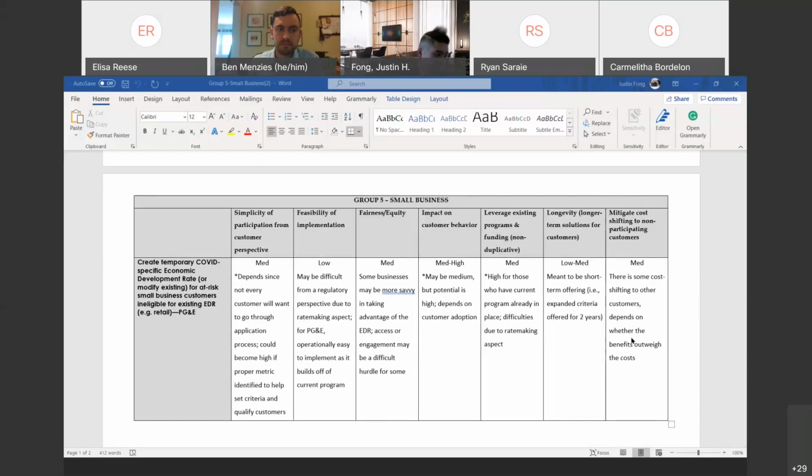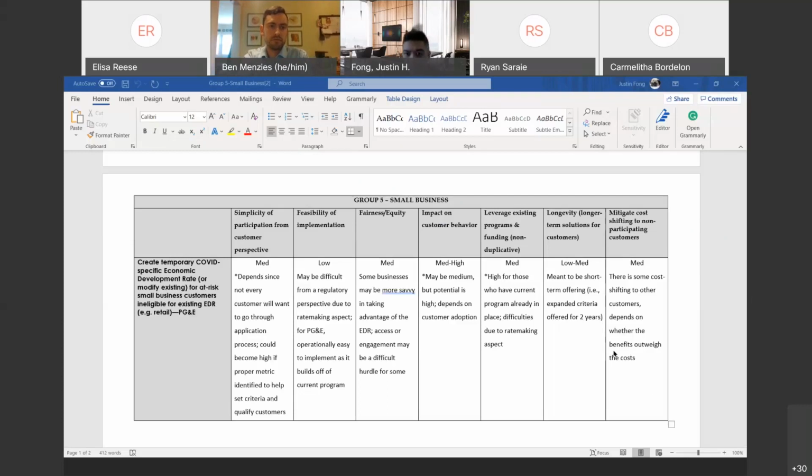The simplicity is medium because this rate already exists for the large customers. We'll just have to change it to fit small businesses. Implementation is low because it could be difficult. We may need regulatory approvals or perhaps state approvals to implement a new rate.